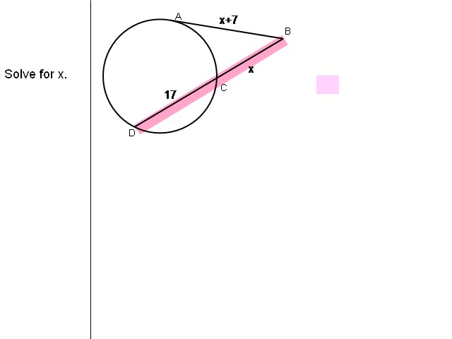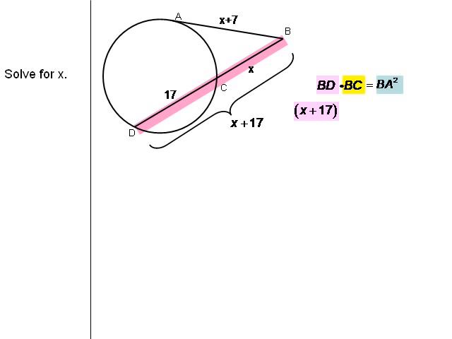From our vertex, BD is that segment, times the little v on that side, BC, equals the weird side squared, BA squared. For side BD, we have to add to get that whole side. So add 17 and x, so x plus 17 is that side. BC is just x, and BA squared is x plus 7 squared.